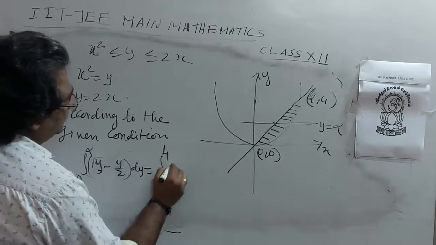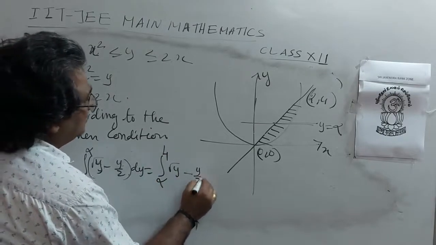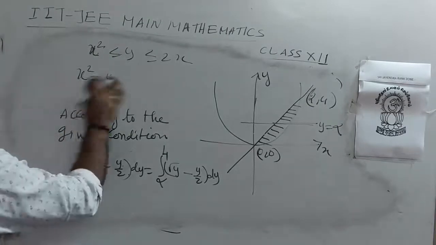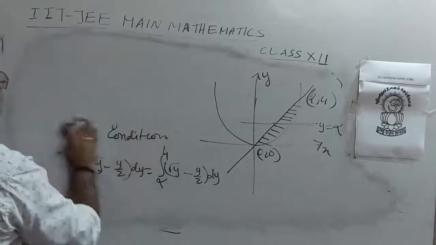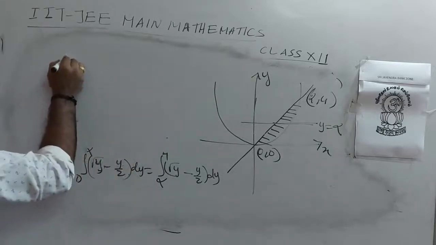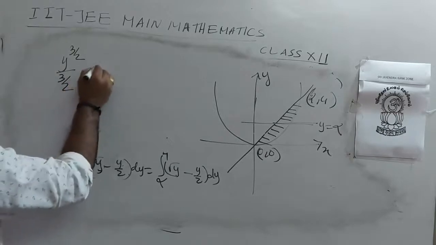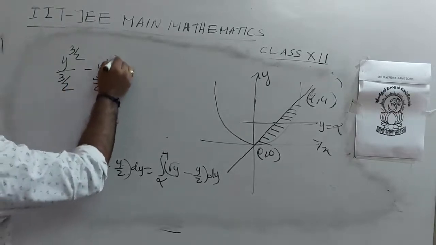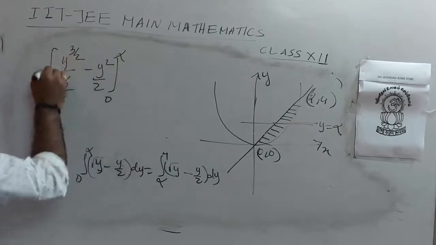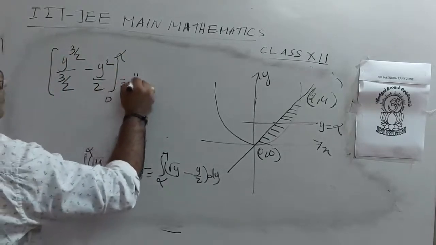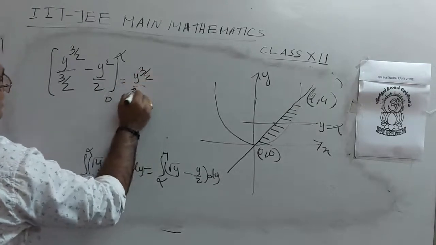Root y minus y by 2, 2y. Y power 3 by 2 by 3 by 2 minus y square by 2, 0 to alpha, minus y power 3 by 2 by 3 by 2.